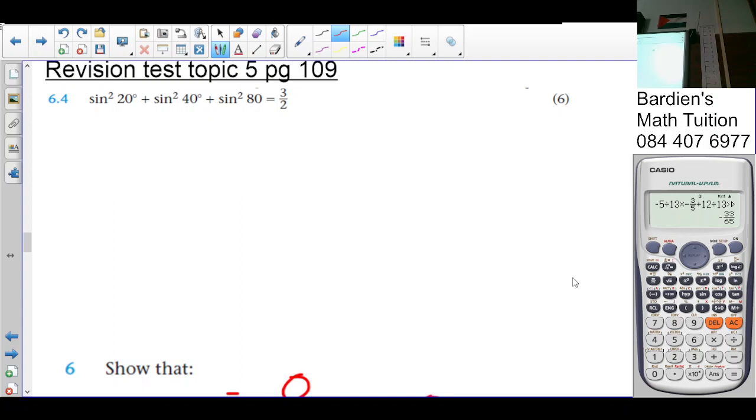Let's try this. We got sine 80 or 60 to 20.